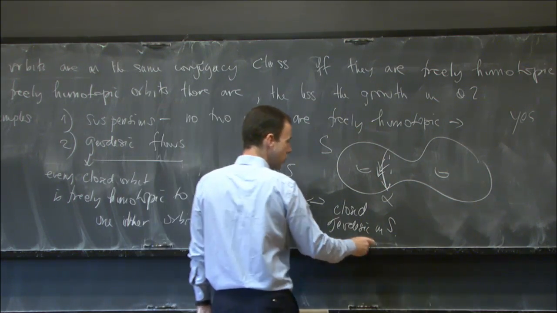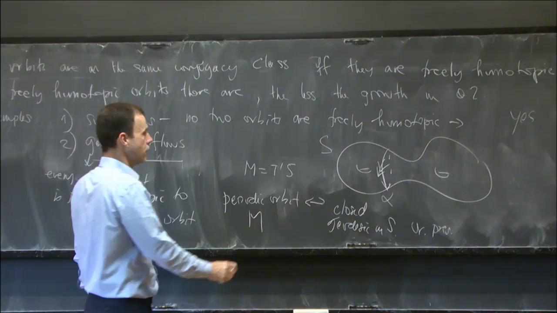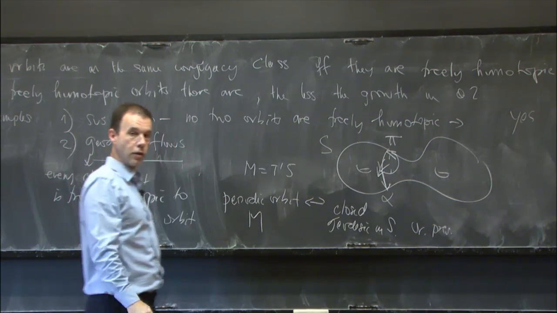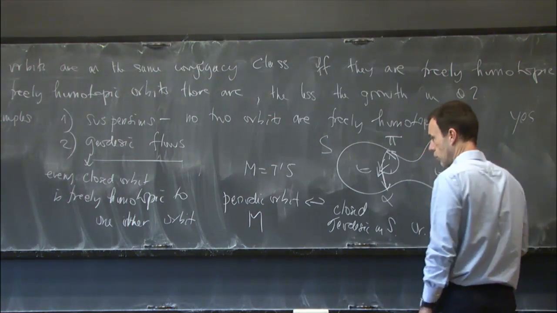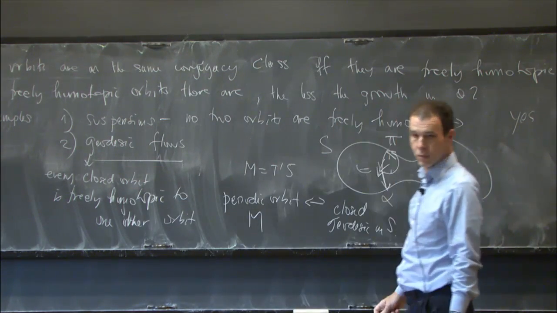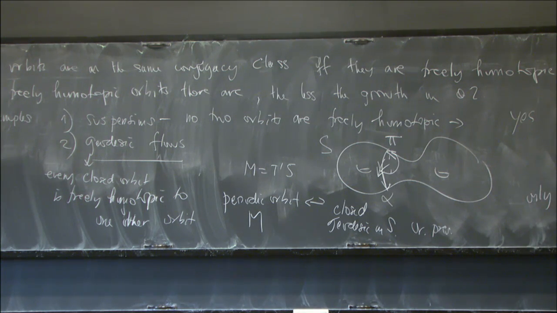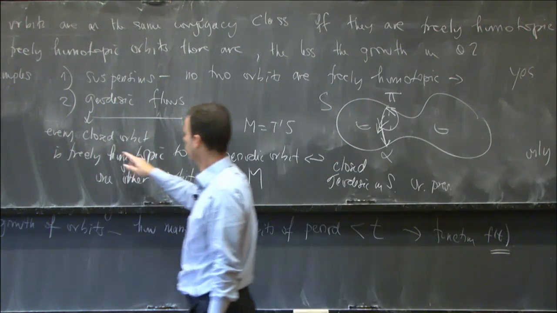So let's suppose that this closed geodesic is orientation preserving. So I'm going to rotate these vectors by pi. And I'm going to get another closed orbit, which is the same geodesic but being traversed in the other direction. Okay? So there's two orbits in the free homotopy class, but there's only two. Because if you have two periodic orbits which are freely homotopic, the projections to the surface are geodesics which are freely homotopic. In a hyperbolic surface, you can have only one geodesic which satisfies that. Okay? So the free homotopy class has size 2.